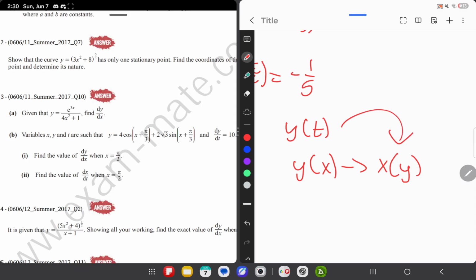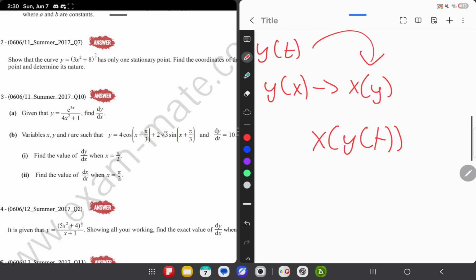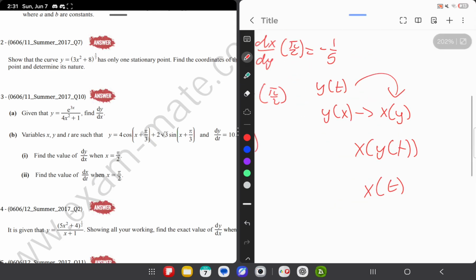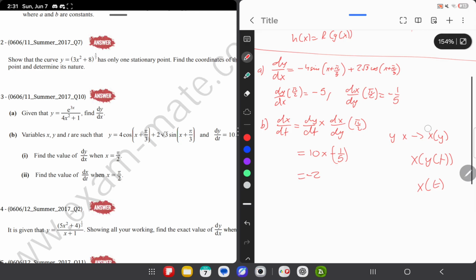So you plug this in, we find x of y of t. Y is a function of time, so x is a function of time ultimately, and this is why we find dx/dt by just multiplying. Okay, I hope you get it.